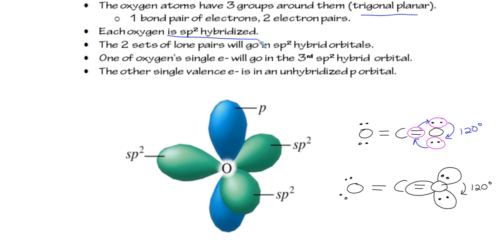Okay, so I could add into this little drawing, let's put the lone pairs in 2 of these hybrid orbitals. The third, oh, you see where this is going, right? This guy and this guy are going to form the double bond with carbon.